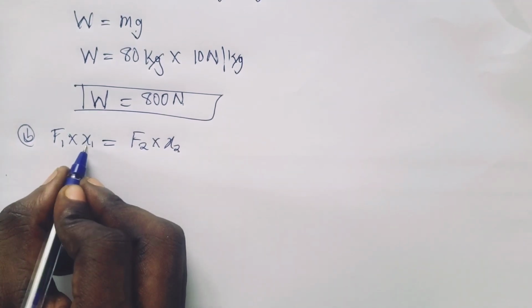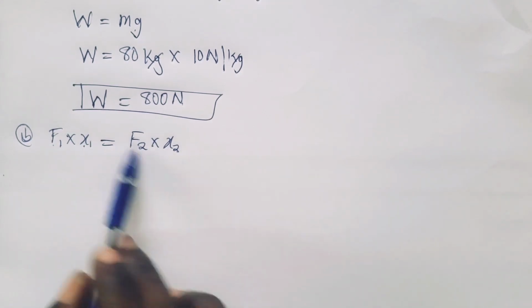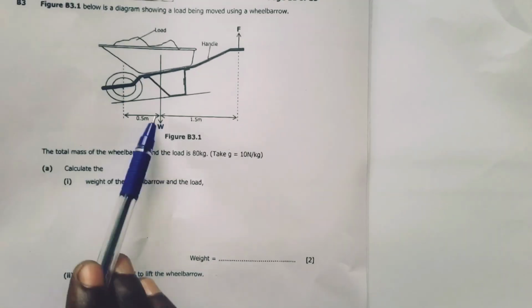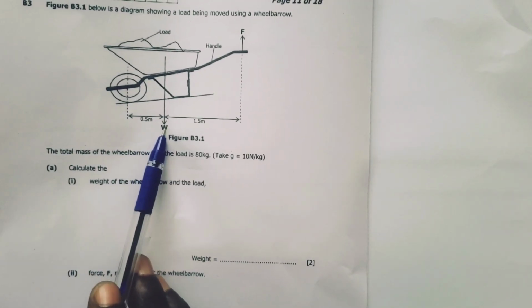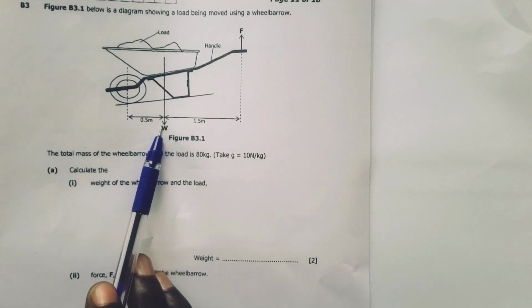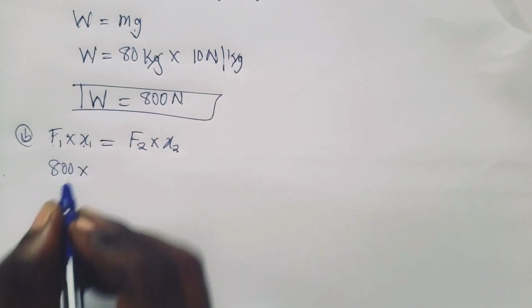Distance is represented by x. So force 1, this is the clockwise, and this is the anti-clockwise. Force 1 is the weight that we have, because weight and force are the same since both are in newtons. So what was our weight? It was 800. So that's our force 1 multiplied by distance 1.